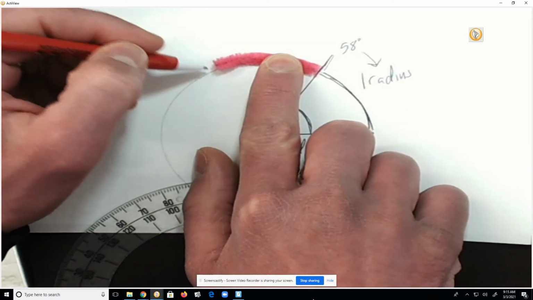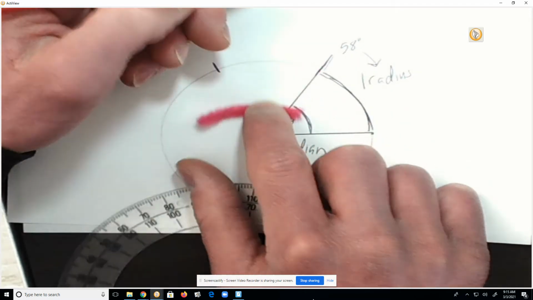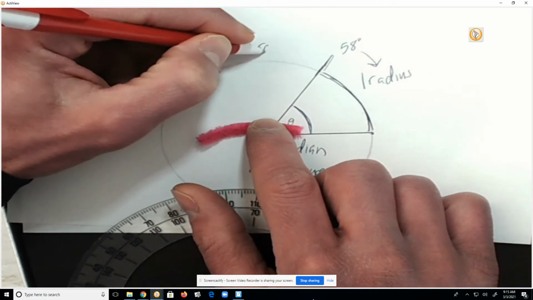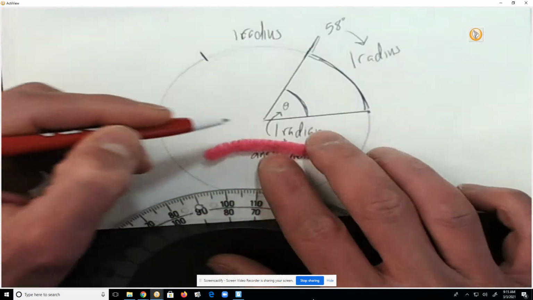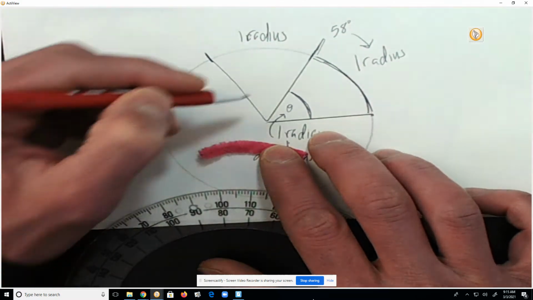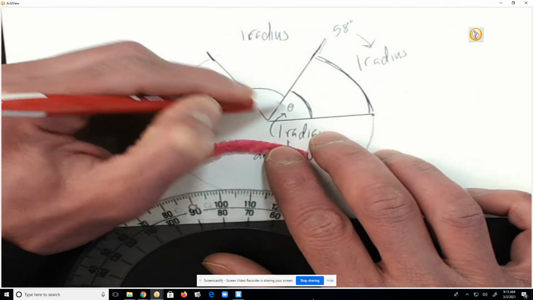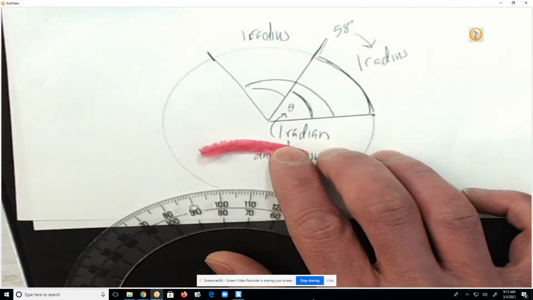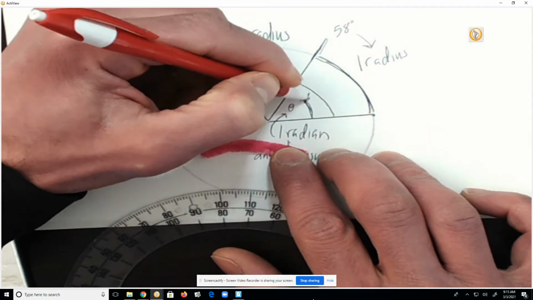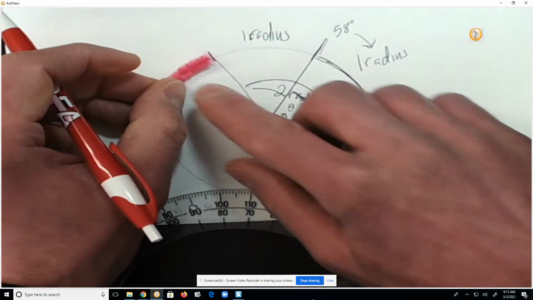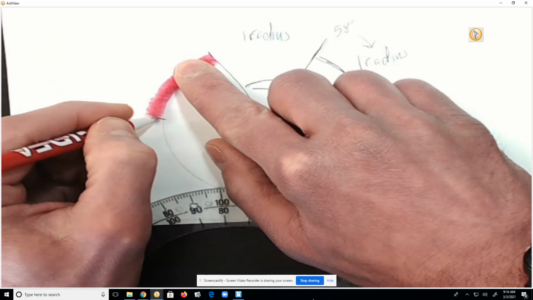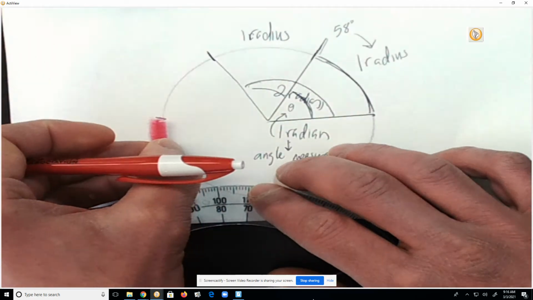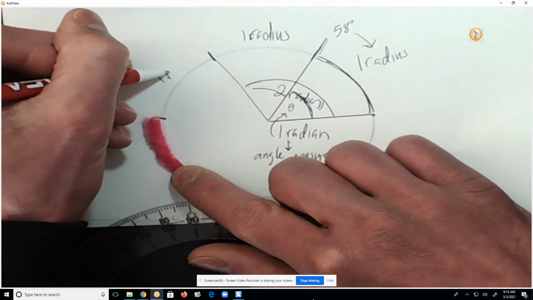So now I can keep going around. There's another radius. I can keep going around my circle. So there's another radian. So this entire angle is now 2 radians. I can go around, let's see how good my picture is. There's 3 radians. All right, there's another radius worth.